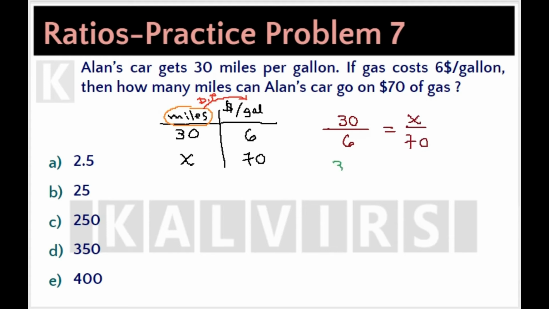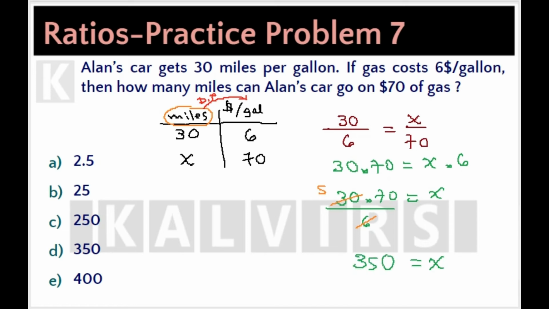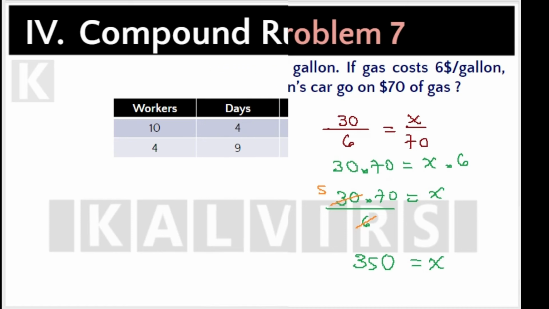Cross multiply, 30 times 70 equals x times 6. Finally, x equals 30 times 70 over 6. We can cancel 6 and 30. X equals 350. Choice D is correct.